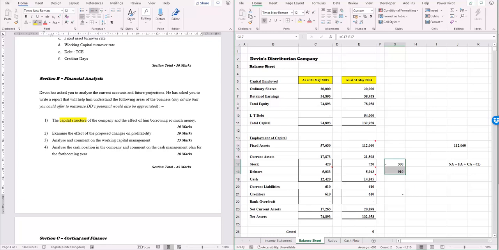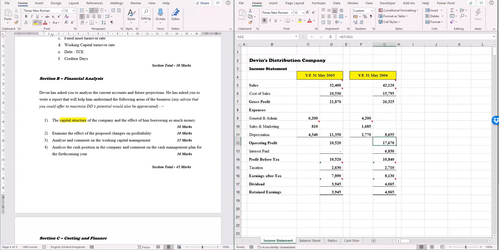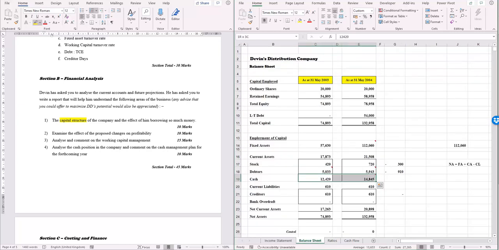Analyze the cash position of the company and comment on the cash management in the coming year. I just noticed that this cash position is very high. How do I know it's high? Well, if their profit for the year is 7 or 8 million, it's not quite double a year's profit, but it's certainly a big increase relative to their profitability.